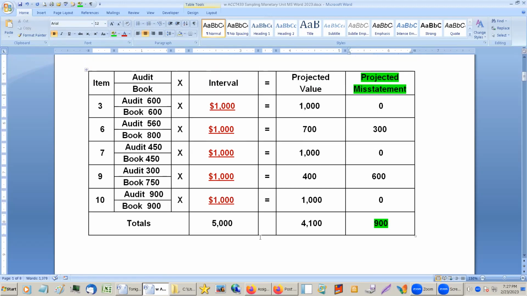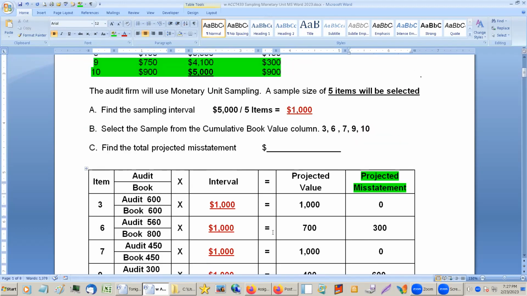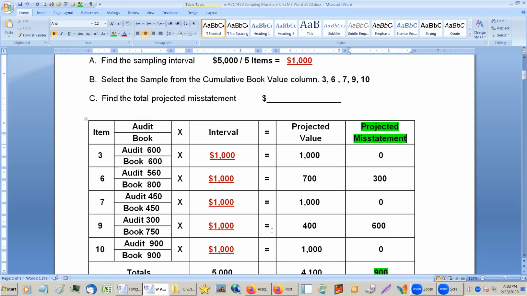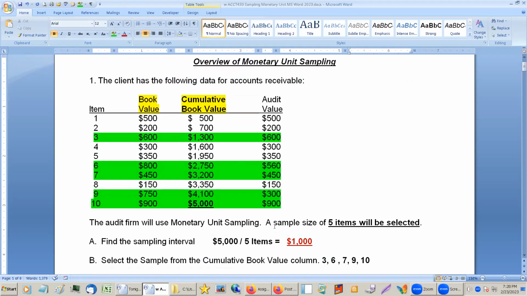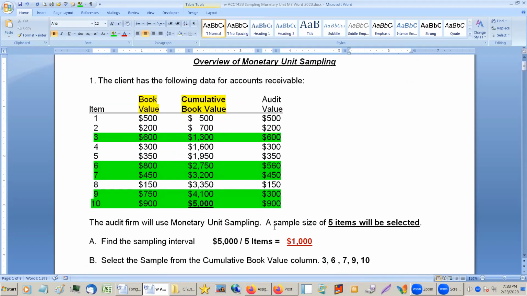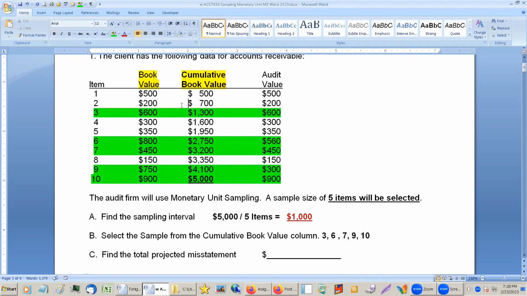Okay. Now, what I want to do is go over some of the subtleties of this that make this such a great method for auditors. Notice that we look for the one that crosses the interval.